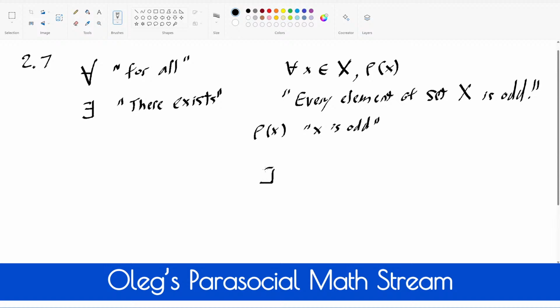I'm going to say there exists an x, there exists an element in the set of X, such that there at least exists one element in the set that is odd, basically. There is at least one element of X that is odd. That is how it's written here.